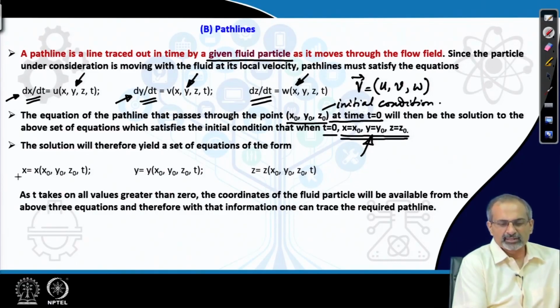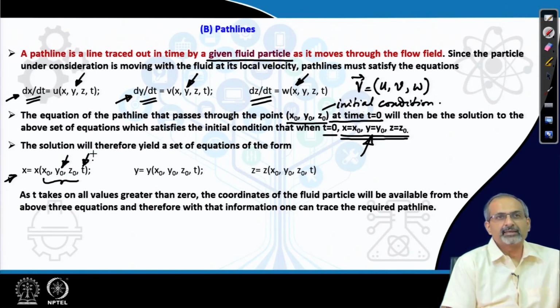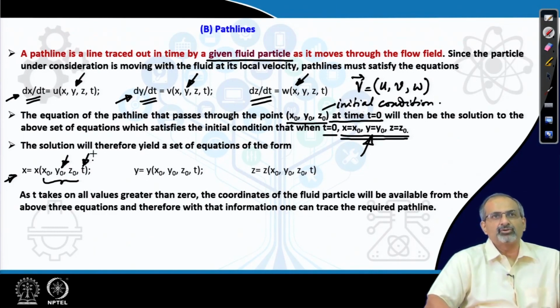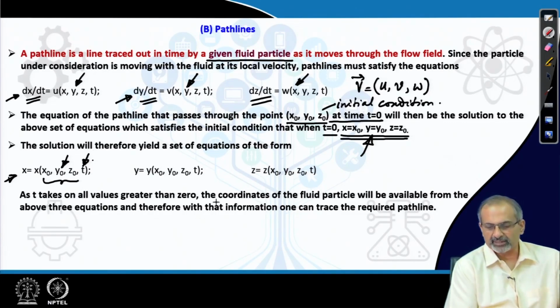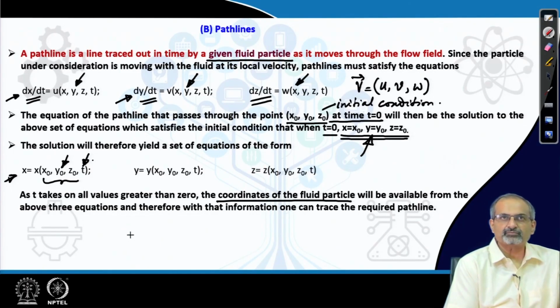Finally, the solution must be in the form that x is a function of x0, y0, z0 and t. That means it is a function of its original location as well as t. As the time t takes on all values greater than 0, the coordinates of the fluid particle will be available from the above three equations, and therefore with that information one can trace the required path line.